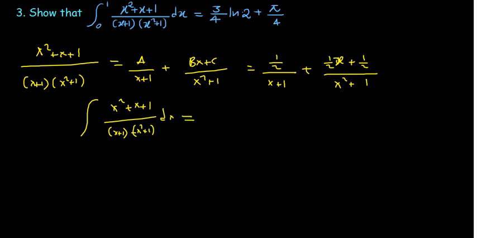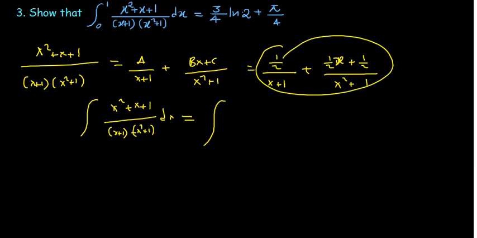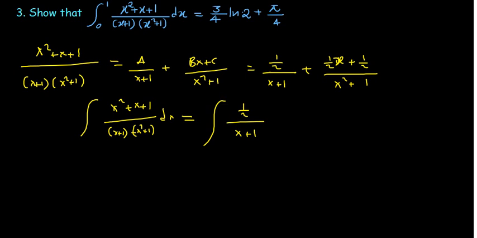And we are saying this is the same as the integral of 1 over 2 divided by x plus 1 dx, and then plus the integral of 1 over 2 x plus 1 over 2 divided by x squared plus 1 dx. Okay, we can also split it in that way. I've just removed the limit so that we just work with it in that manner, then we put the limits later. So what are we going to get from here?